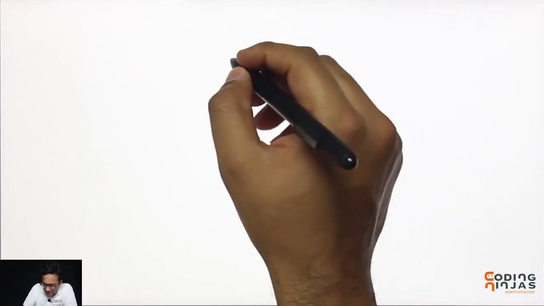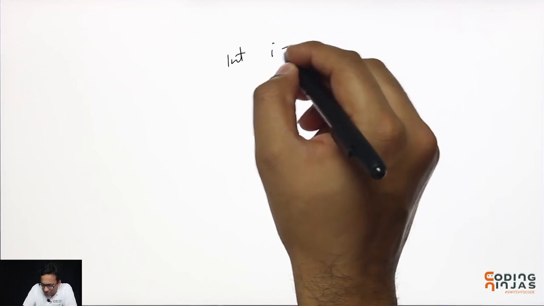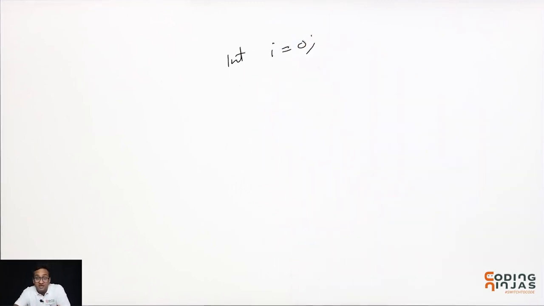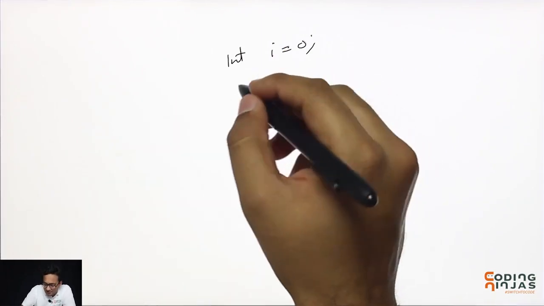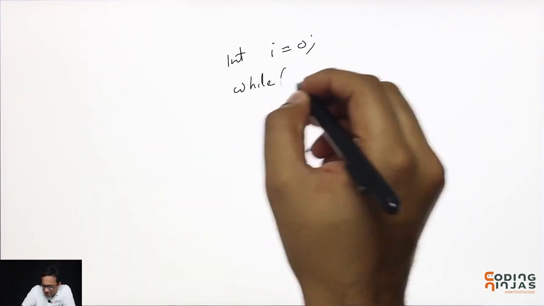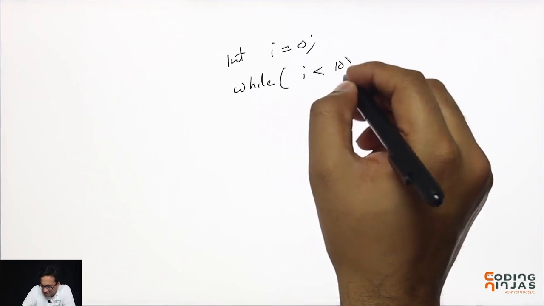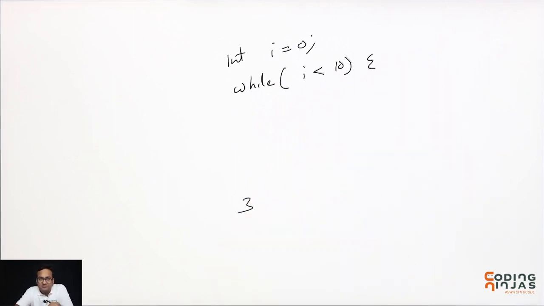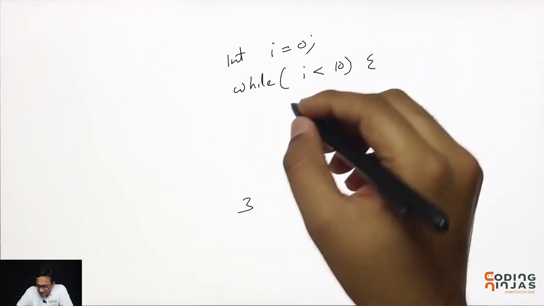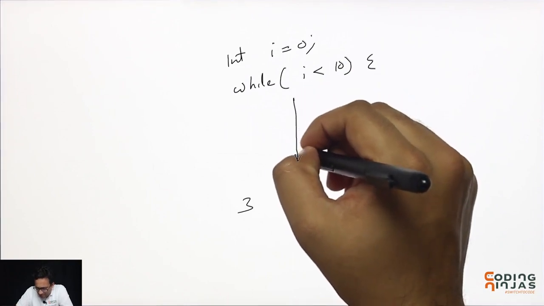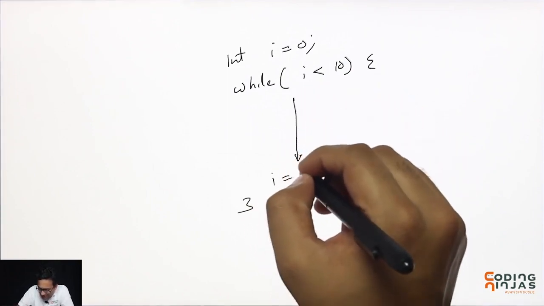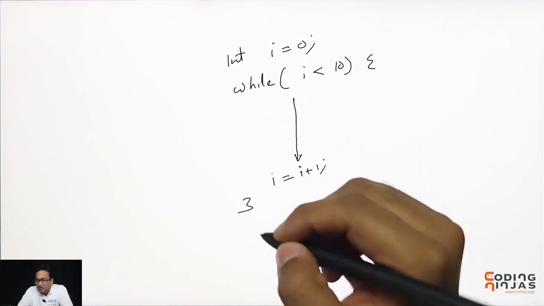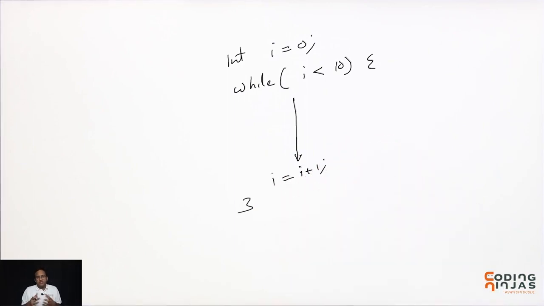Generally, whenever we use while, we take a number and initialize it, take some value and initialize it, then write a condition, like while i less than, let's say, 10 or something like that, and then we do something, and then we write something like this. We increment i by 1, 2, 3 or something, right?